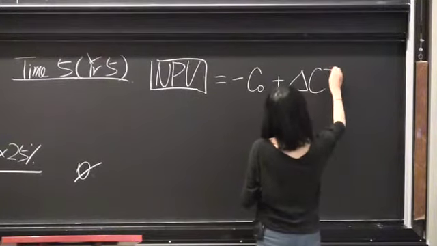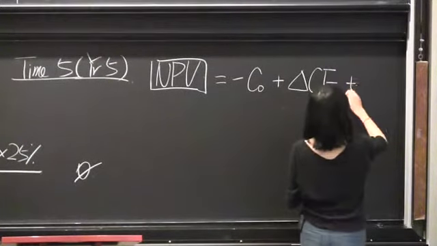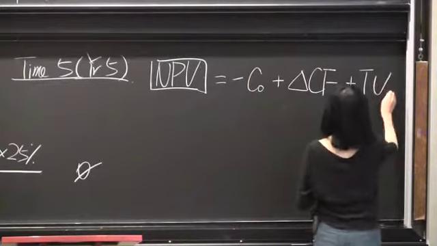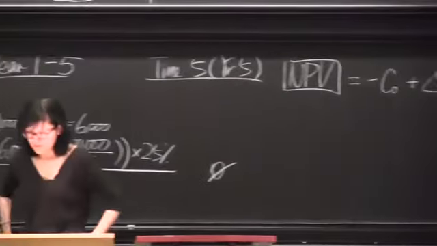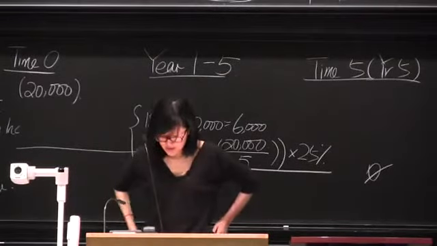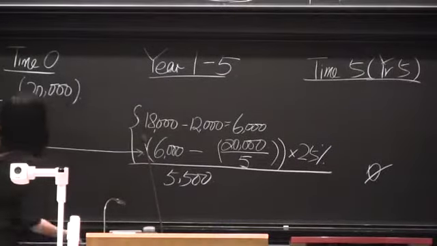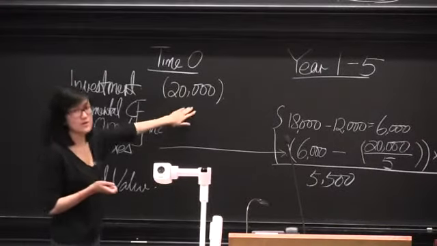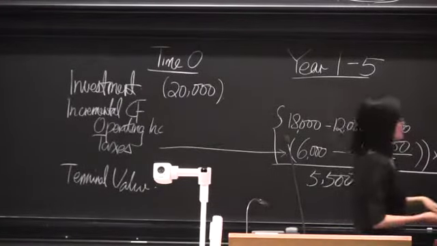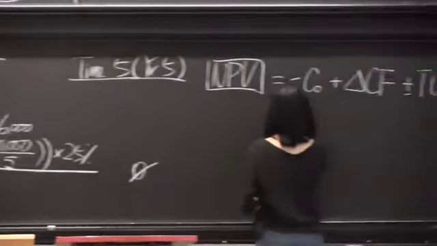Change in cash flow plus or minus your terminal value. In this case, your initial investment at time 0 is this much. And this is the present value, so you don't have to convert it or anything.